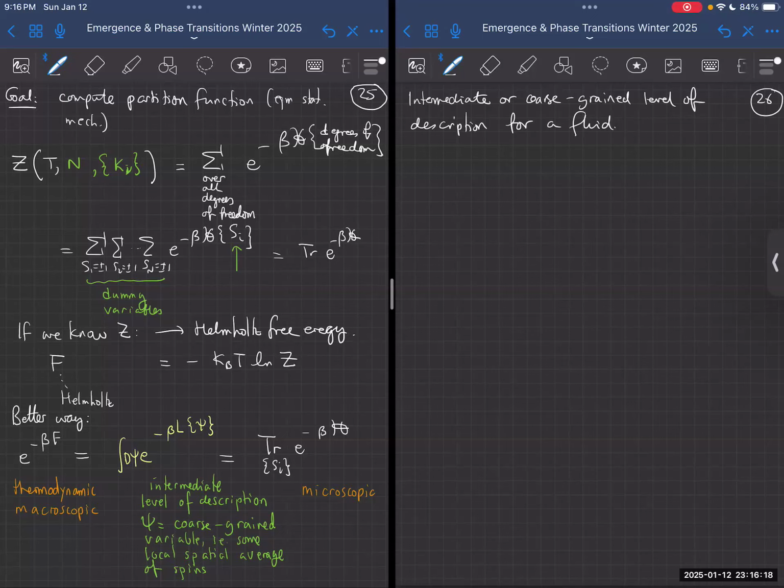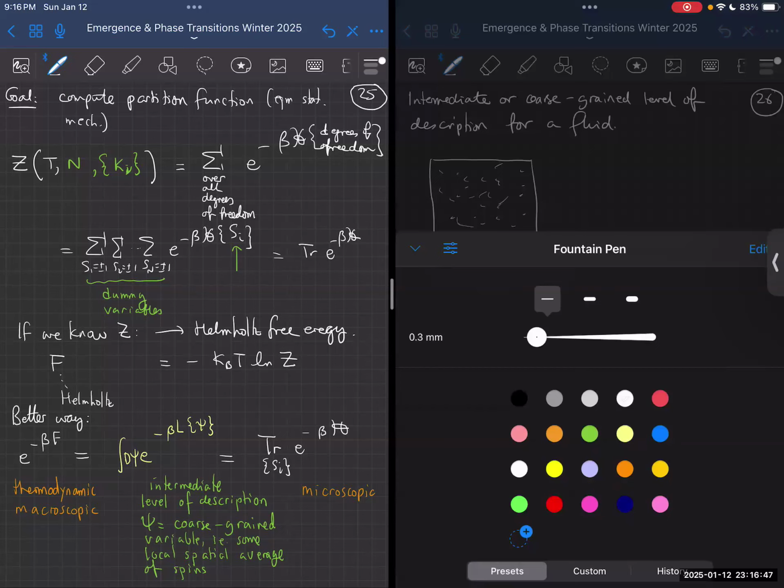Okay, so what would it be in a fluid? If I had a fluid, I've got a box, I've got a bunch of particles bouncing around in the box. So here they all are. And my microscopic level of description tells me I've got particles at positions Ri with some velocities Vi, and i goes from 1 to n.